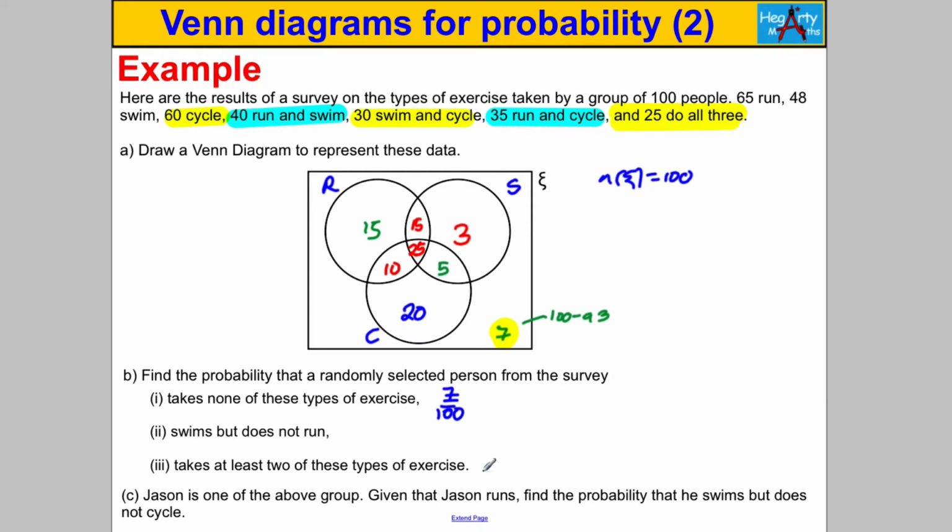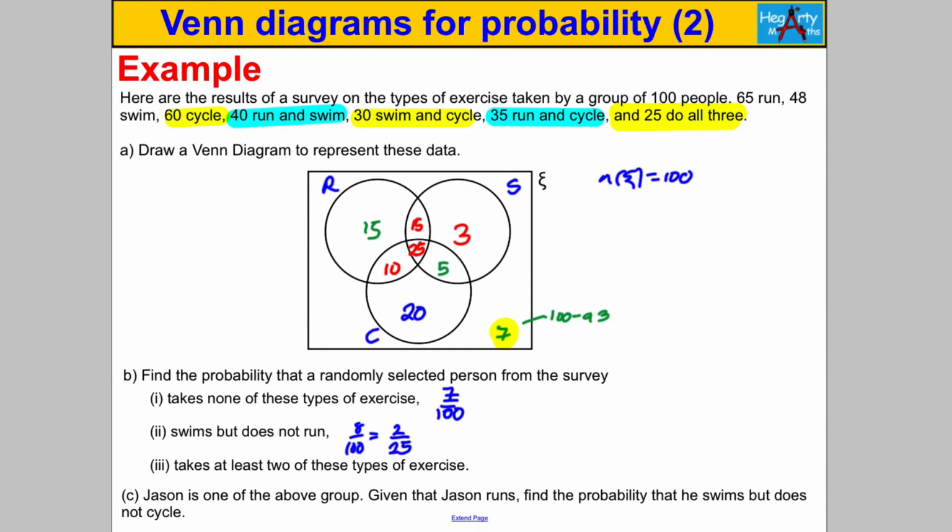and we've done that one. Next one, the probability someone swims but does not run. Let's highlight that section. Swimmers but not runners are these people here. There are 3, add 5 is 8 of them out of a total of 100. So it's 8 out of 100, which we can of course simplify, dividing top and bottom by 4 to get 2 out of 25. And the next one, it asks us how many take at least 2 types of exercise.